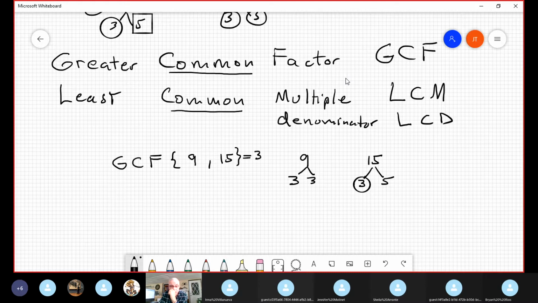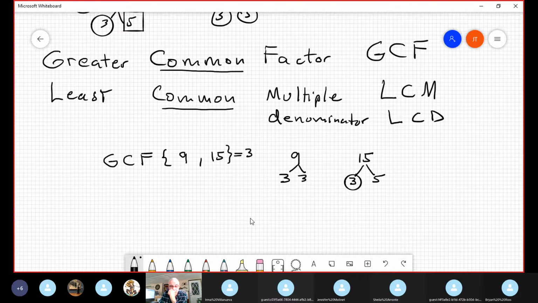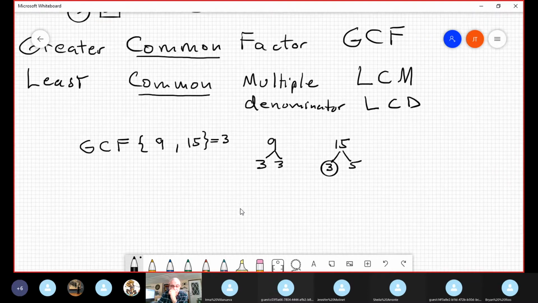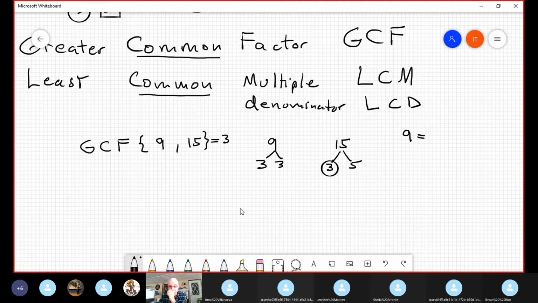Okay. Well, this is confusing. However, I can explain it another way. Suppose you express 9 as 3 times 3, no, 3 squared. And 15 is 3 and 5, each to the 1 power. In order to find the greater common factor, you take the repeated one, 3. 5, no. 5 is completely out of the game because it's not common.